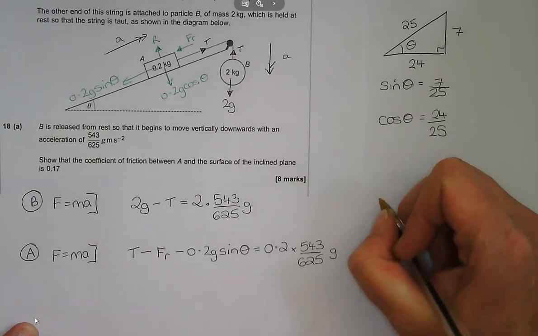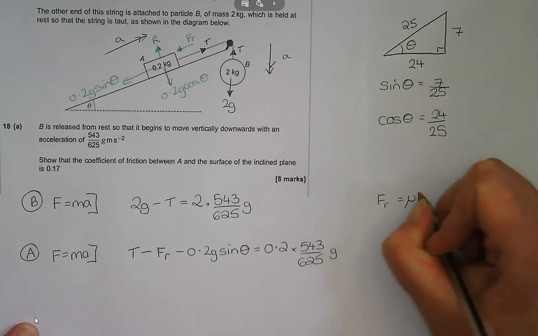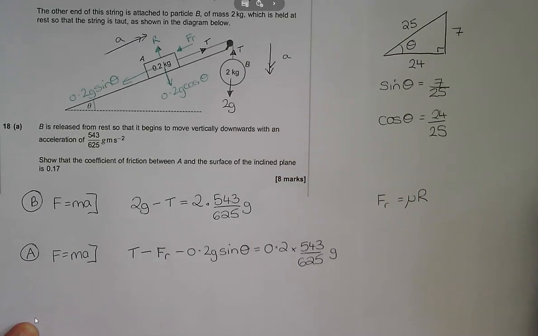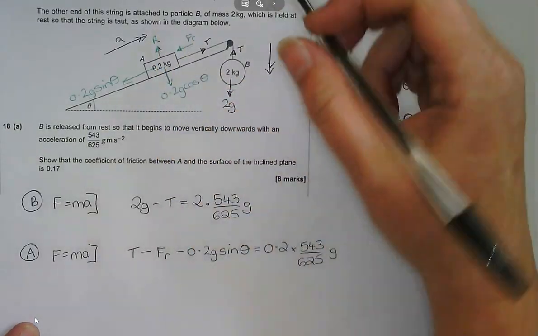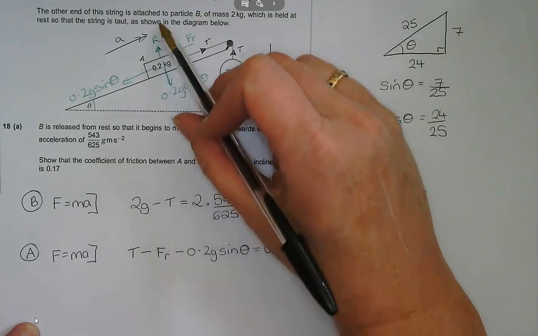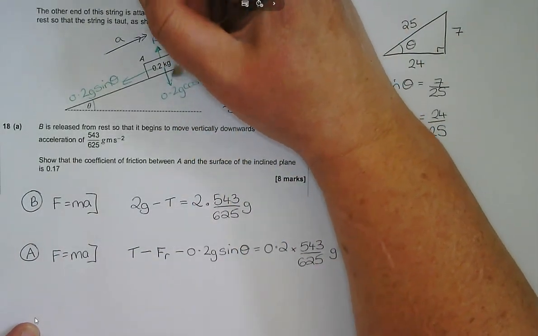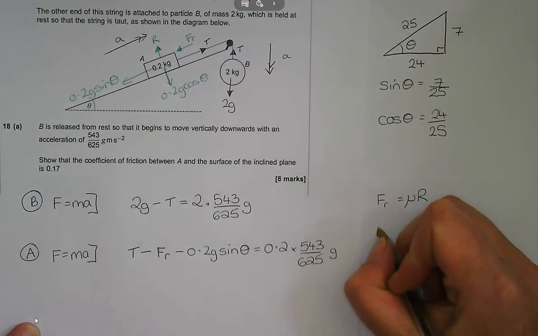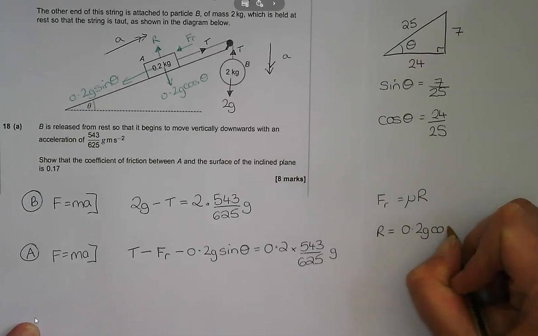So we're going to use that friction is equal to mu times R. If we resolve perpendicular to the plane, the only force going up is R, and that must be equal to 0.2g cos theta.